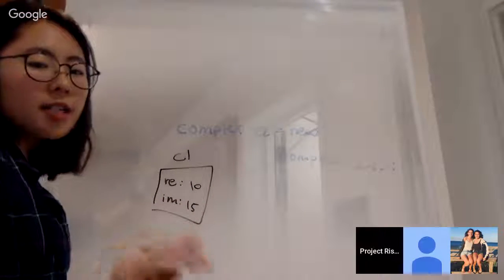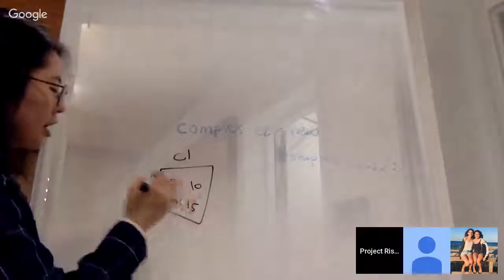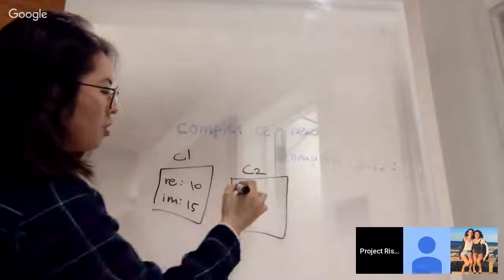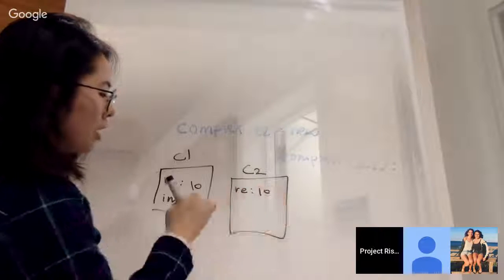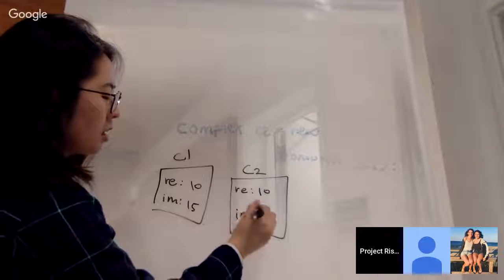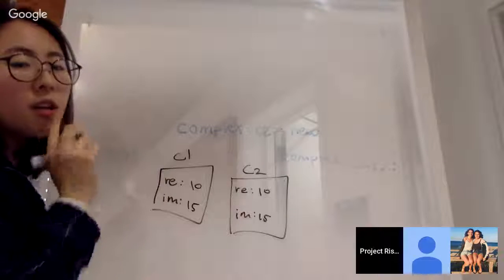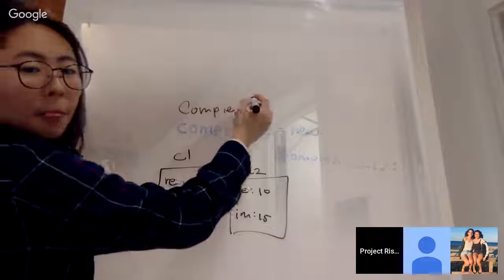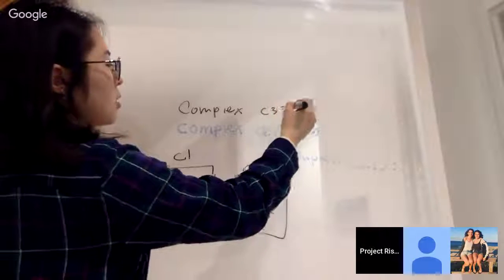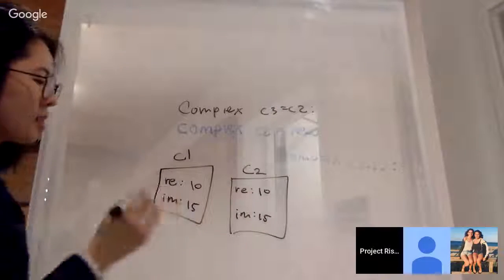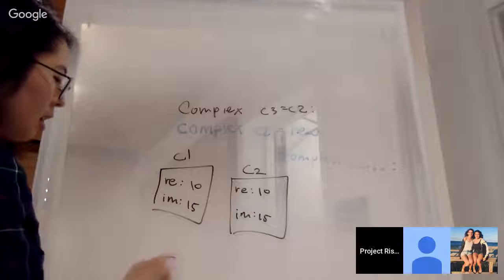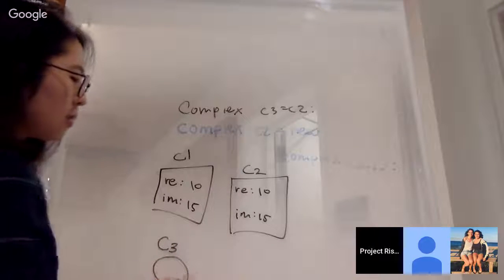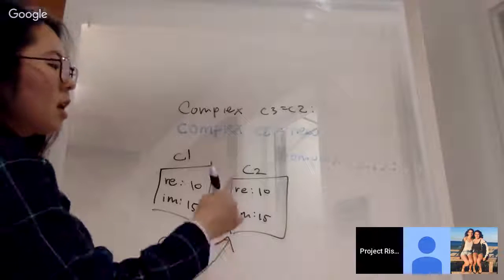Now, when you call the second line, you are actually creating another object called C2, and then you are setting it equal to the same values as C1. But when you call the third line, which just has Complex C3 equals C2, what this is doing is basically you're just creating a variable C3, or object C3, and you're just pointing this to this object.